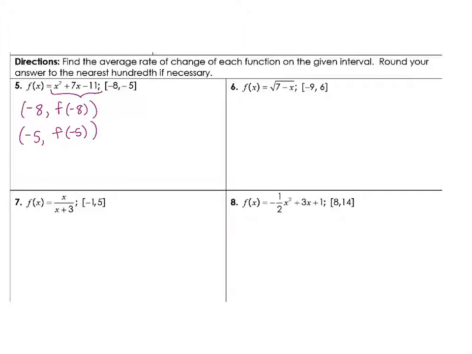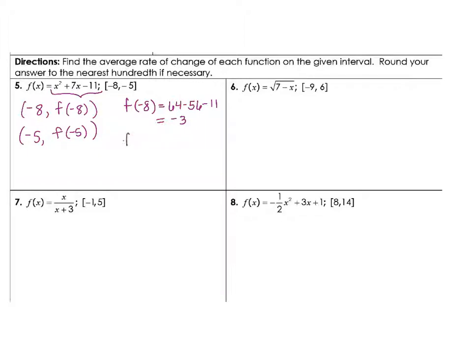And so over to the side, we need to find f at -8, and that's where we're going to plug into the calculators. And it looks like we're going to have 64 minus 56 minus 11. So that looks like we're going to end up with -3. So f at -8 is -3.